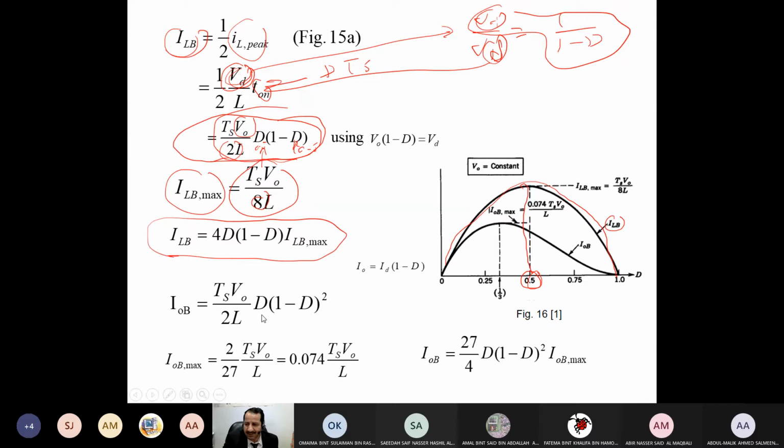So you see, I'm just repeating the same discussion for the boost converter. We know that ID over IO equals 1 minus D. From the previous, IO over ID equals 1 over D, so I can rewrite it this way. Now let me ask a question: IL, is it connected on the input or output?